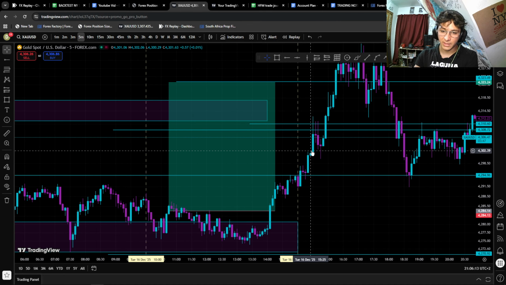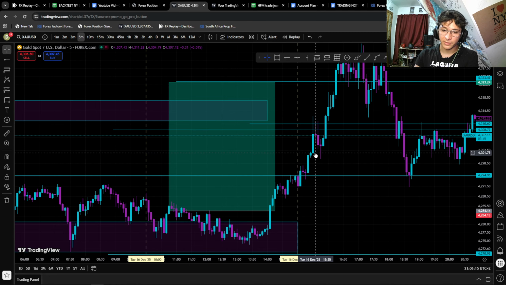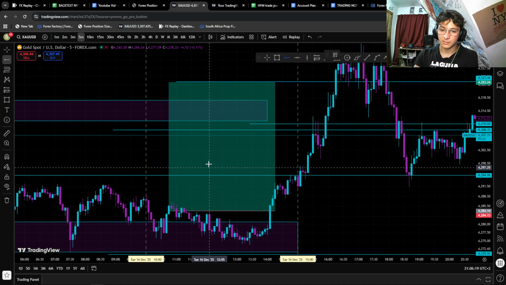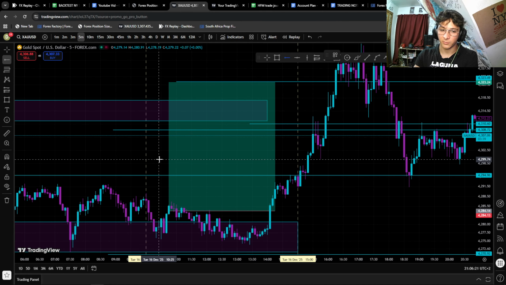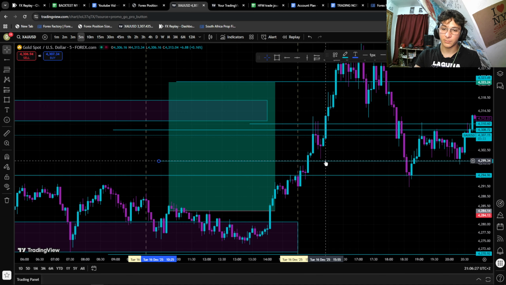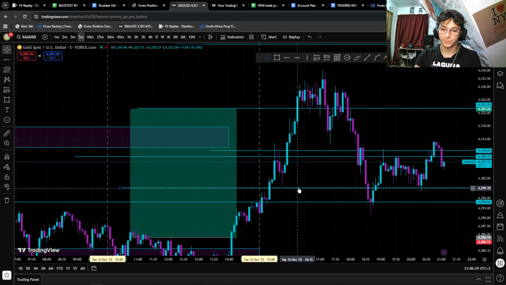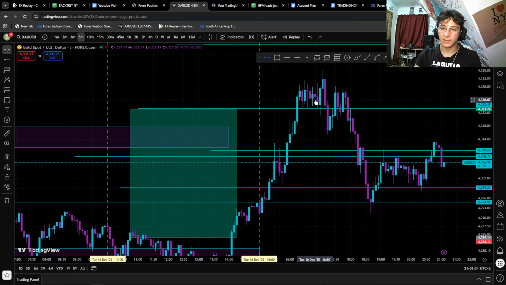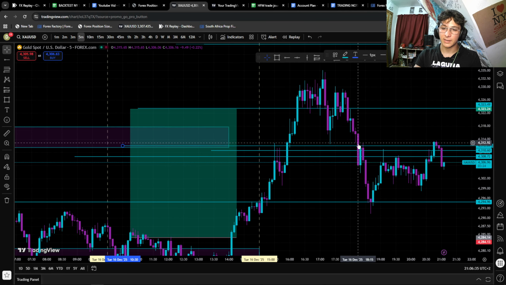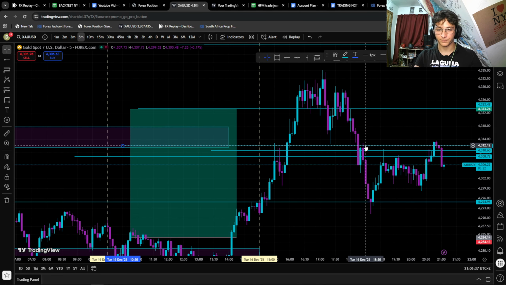So just before that over here, we took out another half, because of the rule that says don't trade high impact news, and we moved our stop loss up to here, which was in profit. Then later on, we took out another half all the way up here, and we trailed our stop loss over here, and then later on it got swept, which was in profit.